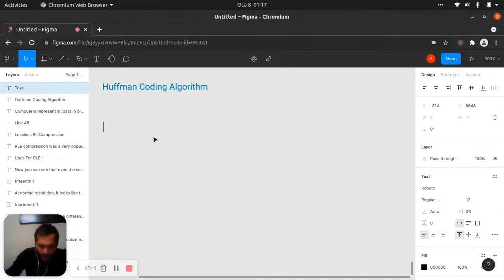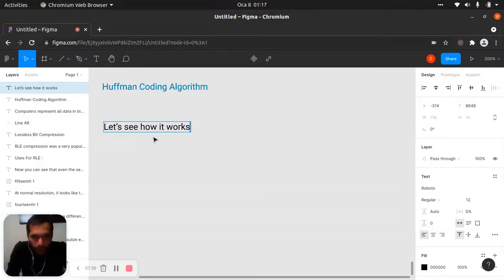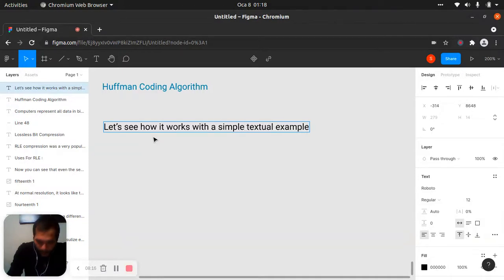Let's see how it works with a simple textual example.